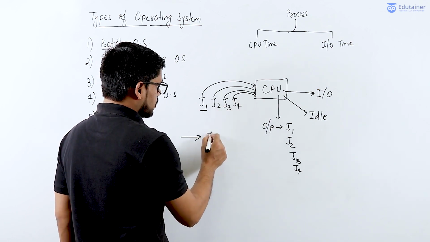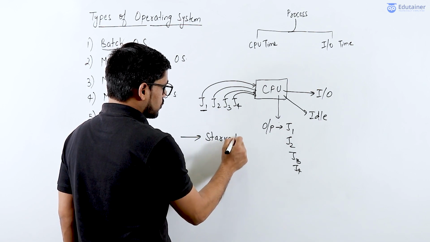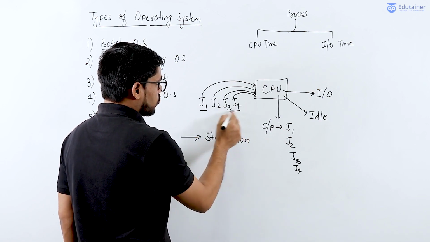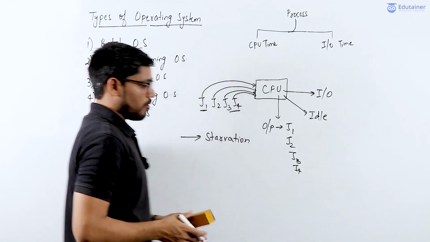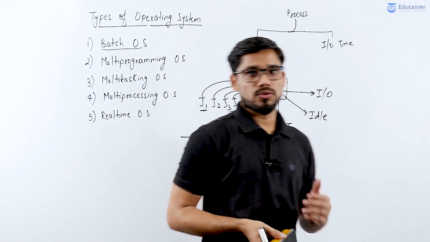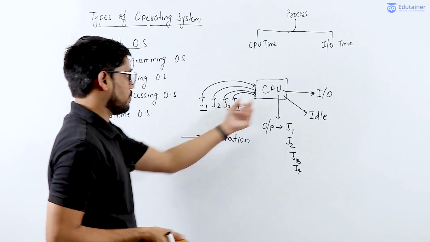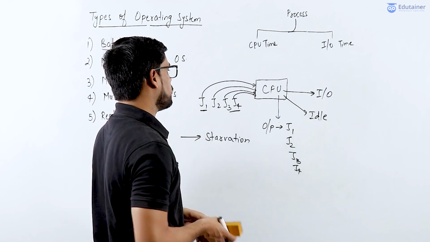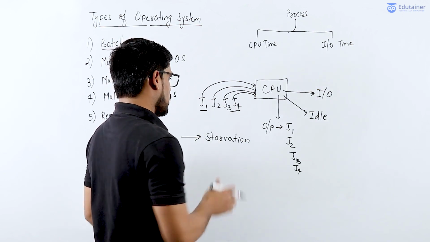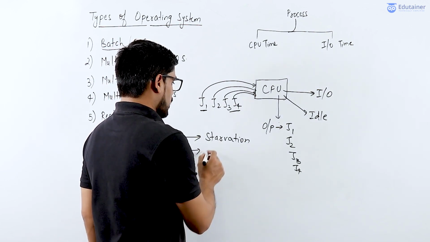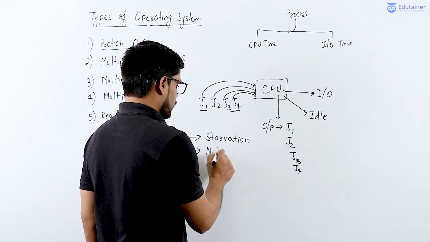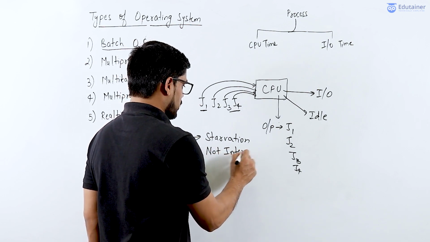One is starvation. Starvation means some jobs will wait for a longer time for their CPU time. Next, it is not interactive. It is not an interactive operating system.